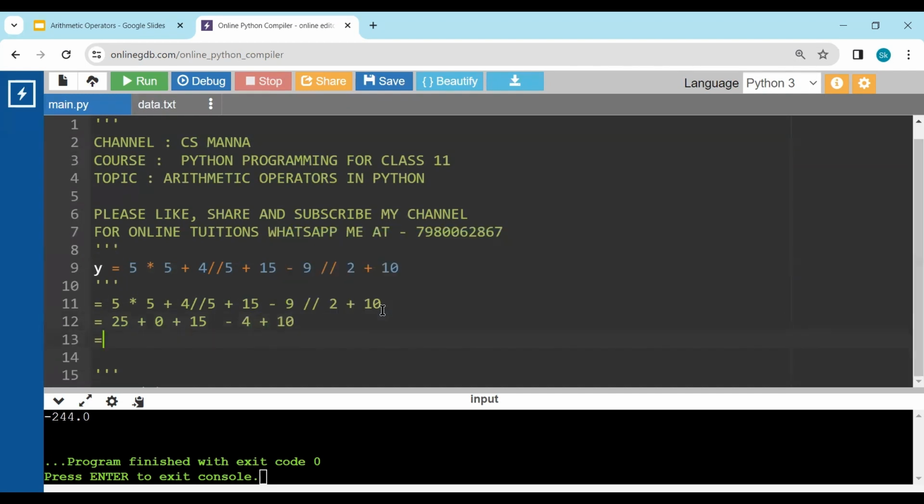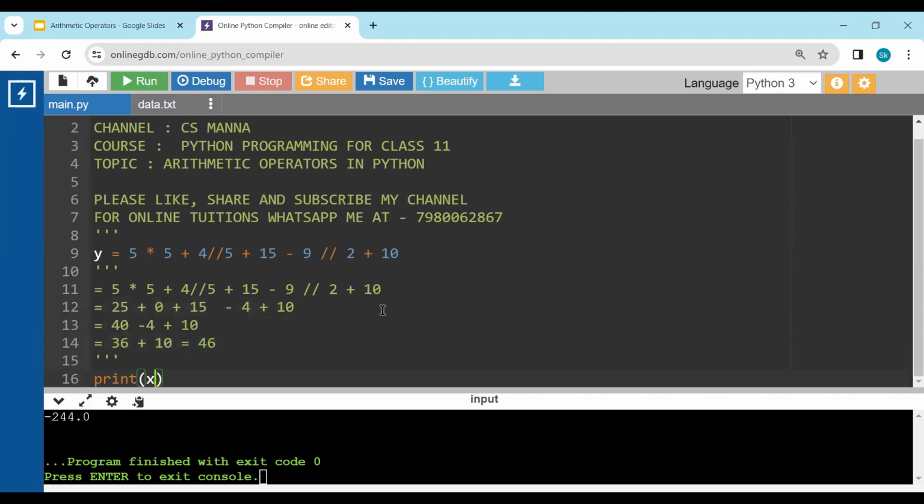Now we have come to a stage where 15 and 25 and 15 is 40 minus 4 plus 10. Now this is 36 plus 10, which is equal to 46. So our answer at this stage should be 46. So let's run the code and see whether the answer is 46. So the answer is 46. And I hope you understood the process of getting 46.